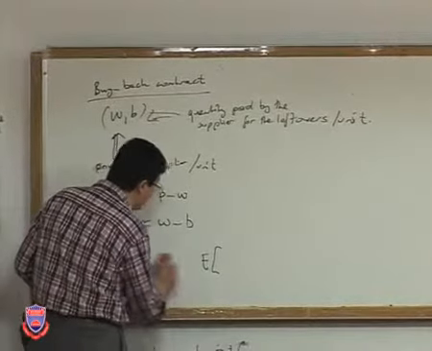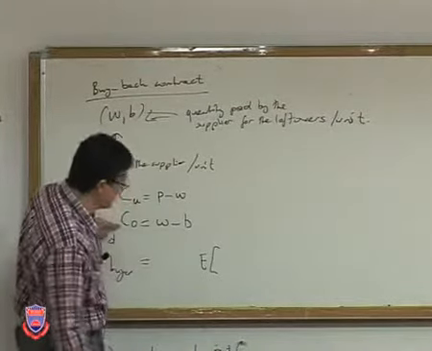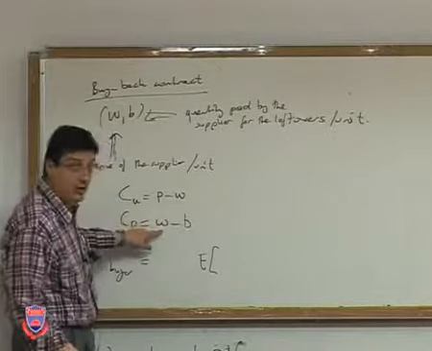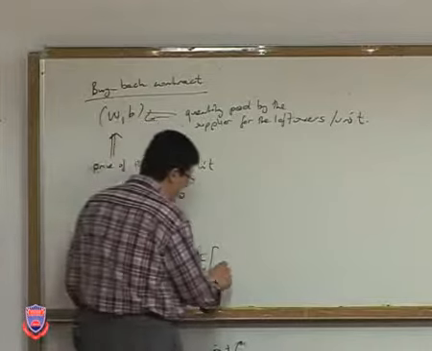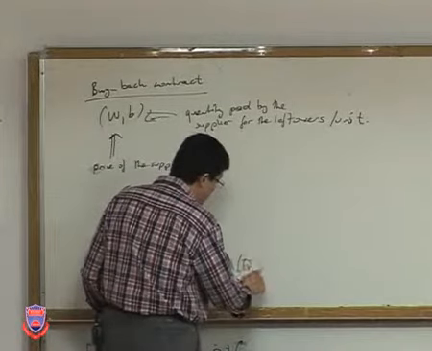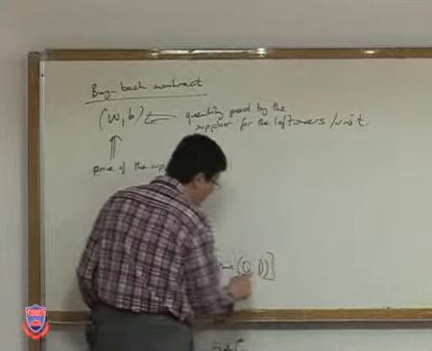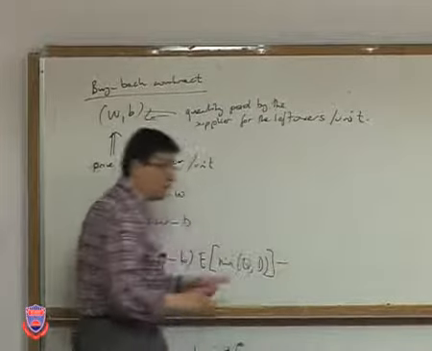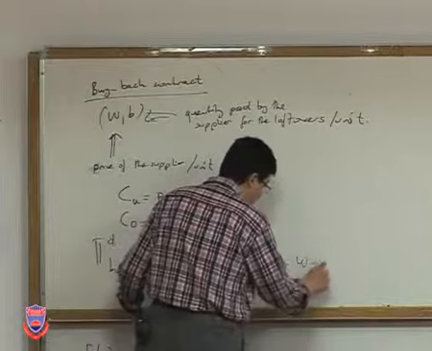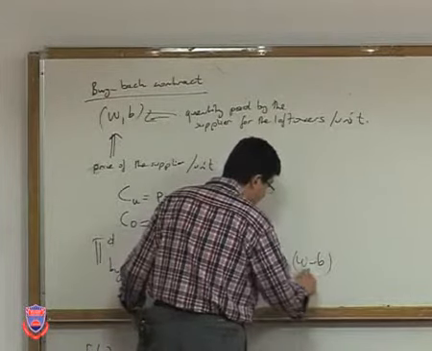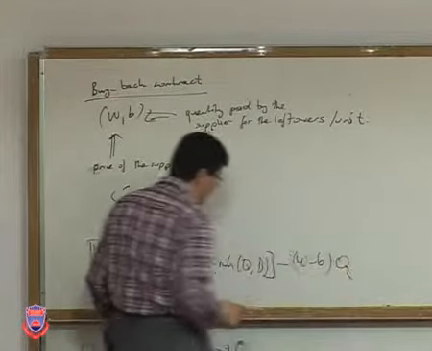So here, I'm going to have CU plus CO. So W's are going to cancel, and I'm going to have P minus B, expected minimum of QD, minus I'm going to have cost of overage, which is going to be W minus B times Q.